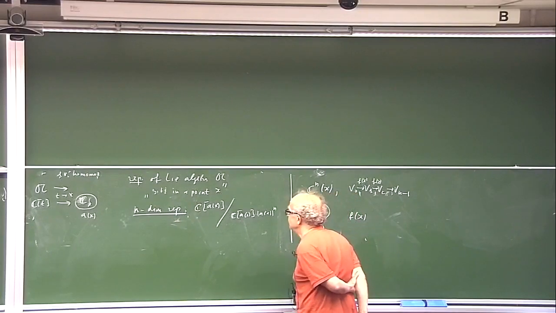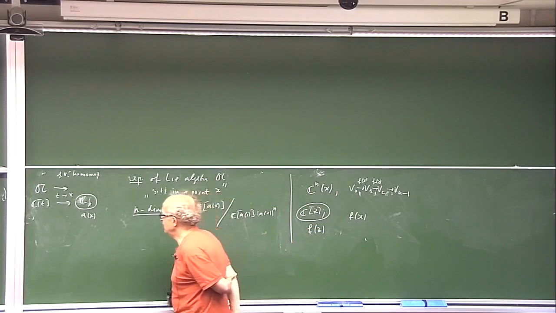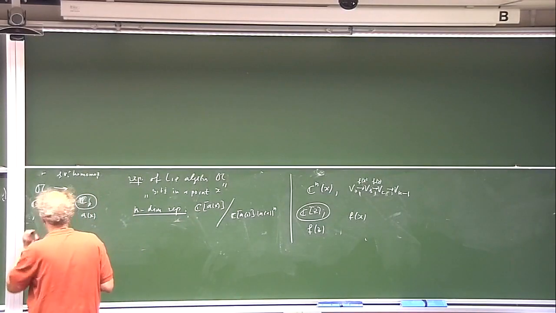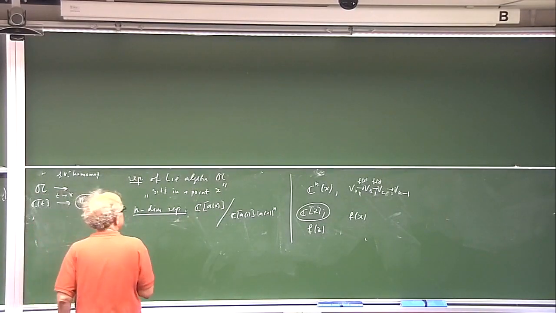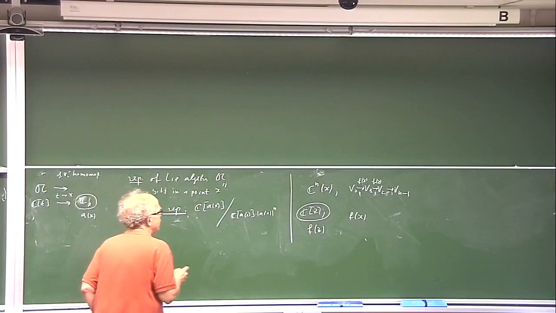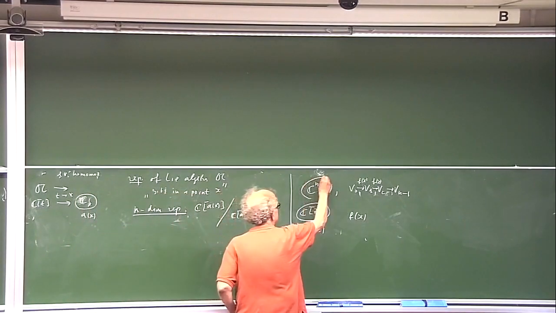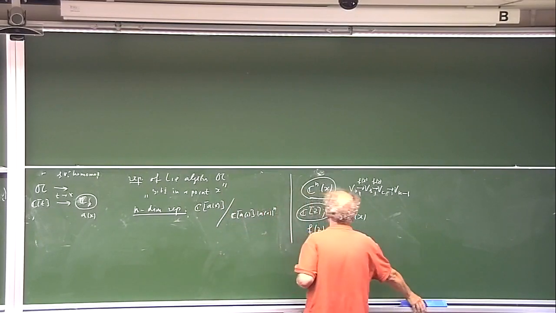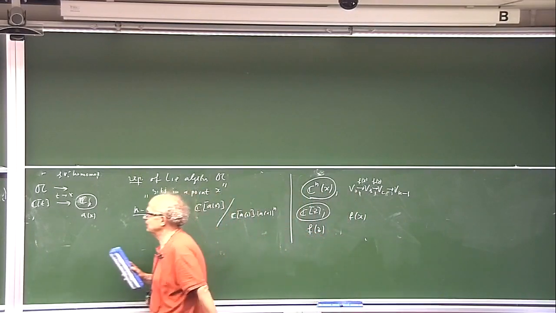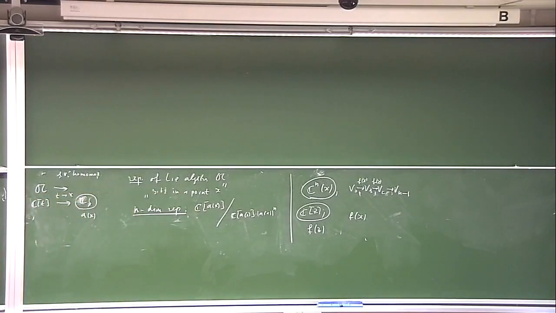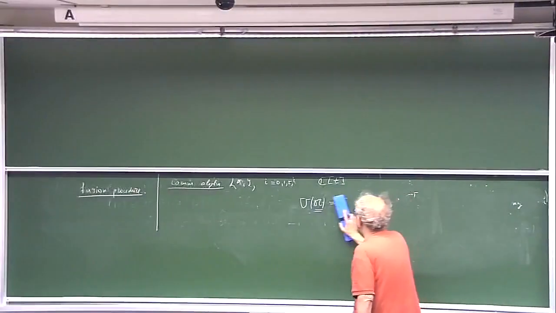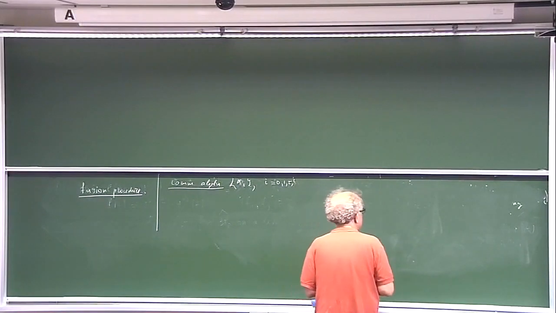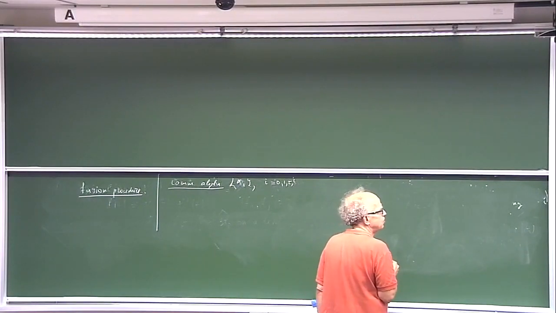And so it gives me the representation which I denote by this. Well, if this is my construction, then what can I do.